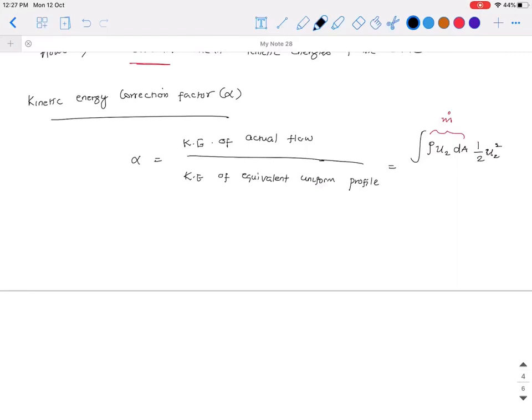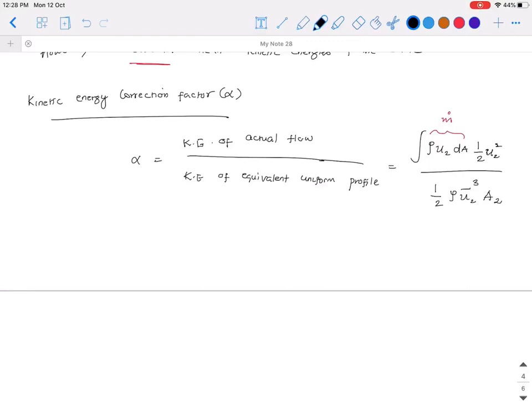That is divided by half rho u2 bar cube times A2, which is the kinetic energy of the uniform velocity profile. Since u2 bar is a constant, the mass flow rate here can be written as rho u2 bar A2, multiplied by half u2 bar square.